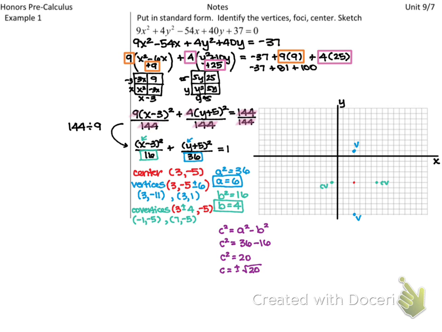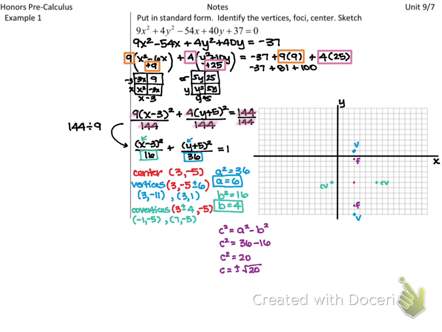Okay, well, the square root of 20 is between 16 and 25, so it's 4 and some change. So if I go up 1, 2, 3, 4 and some change, that location right there is going to be one of my foci.